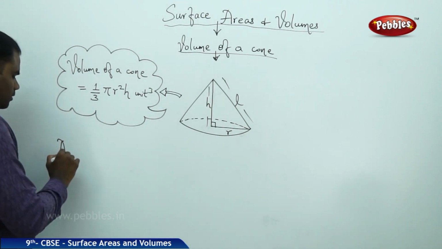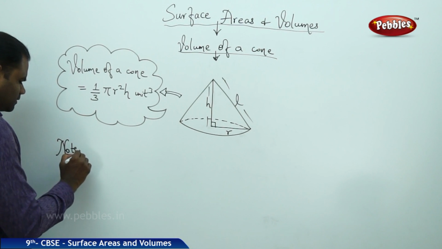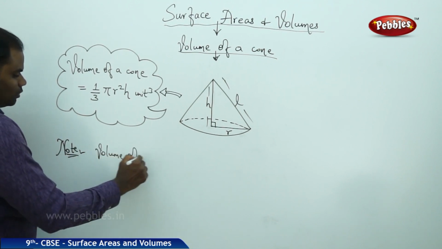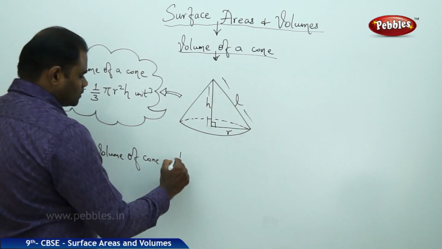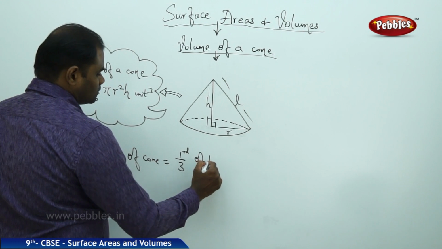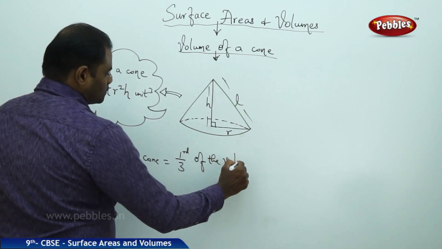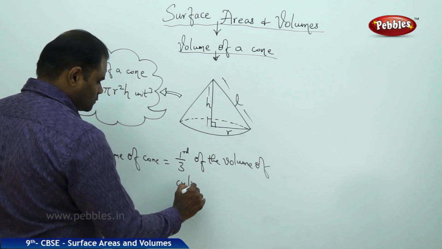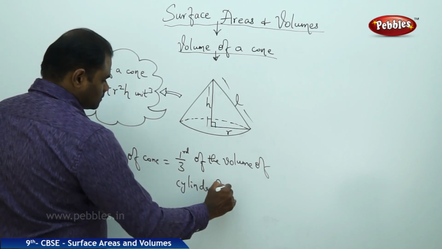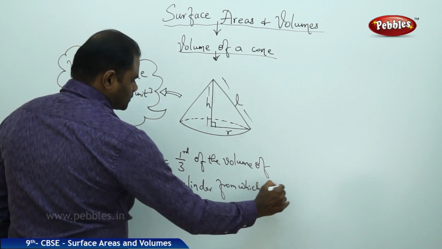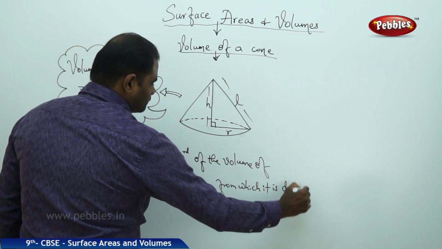Note, it's a very important note I make here, that volume of cone is 1/3 of the volume of cylinder from which it is derived.